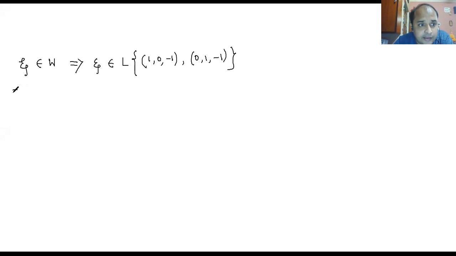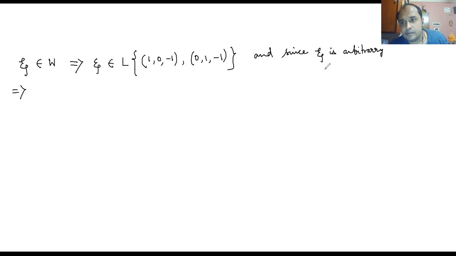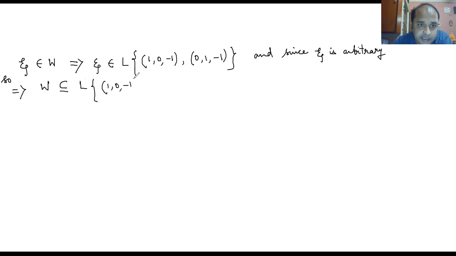So that means, since xi is arbitrary, W is becoming a subset of this set.